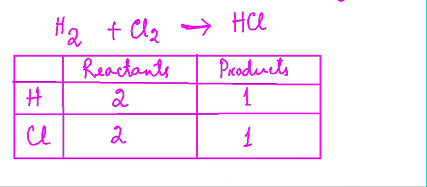So it looks very simple. We can just simply multiply 2 with HCl on the product side, which will make hydrogen 2 as well as chlorine also 2. So hence the equation is balanced.